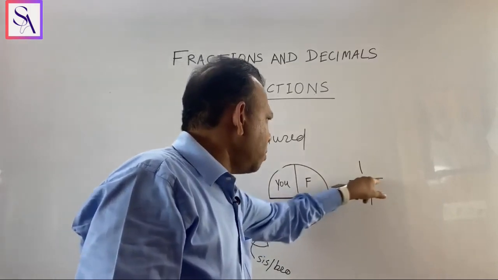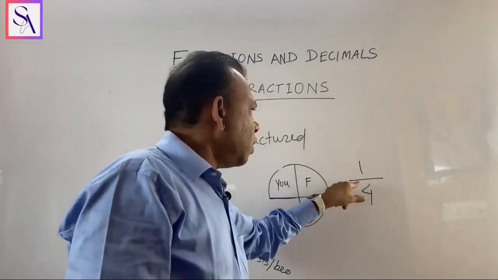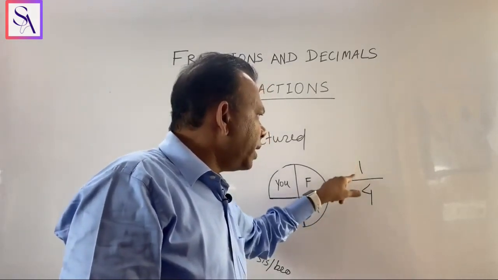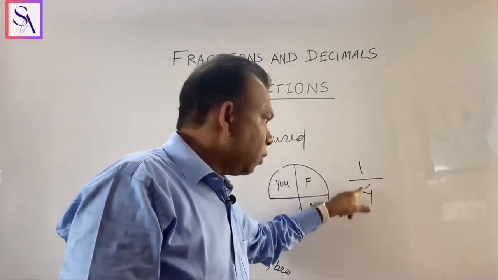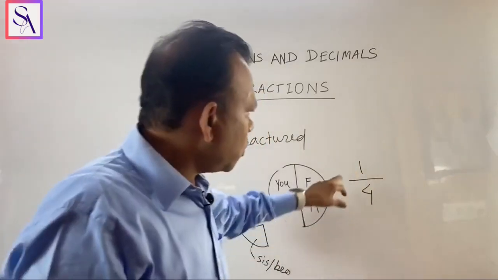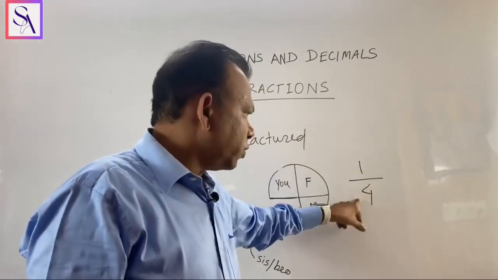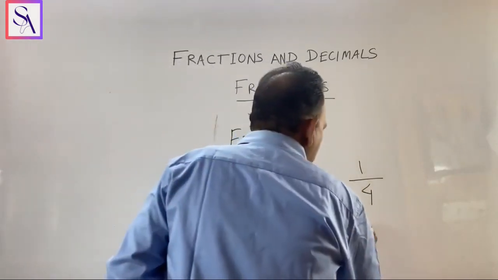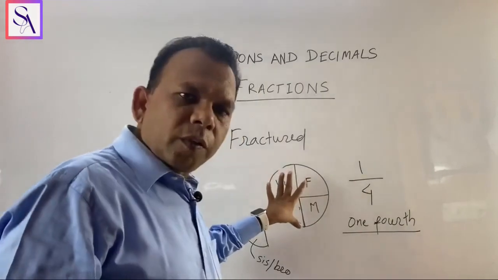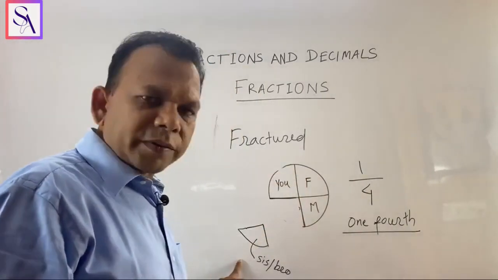This line is called by, or upon, or divided by. 1 divided by 4, or 1 upon 4, or 1 by 4. So you can also call it 1/4. So 1/4 part of your pizza you have given to your sister.